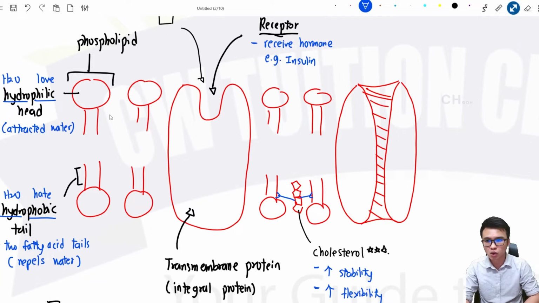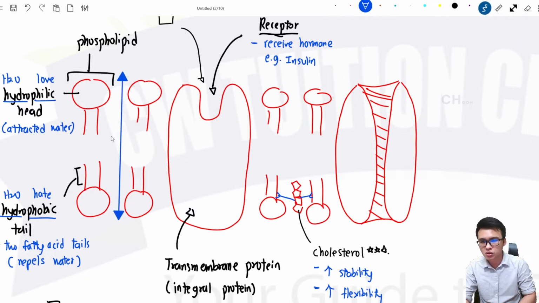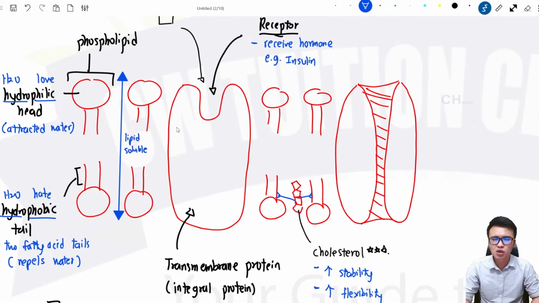The lipid soluble substances can simply pass through the plasma membranes. But sometimes we need another type of substance. This type of substance is very hard to go through the plasma membranes, but the cell needs it. How are we going to take in a substance that cannot pass through the plasma membranes?